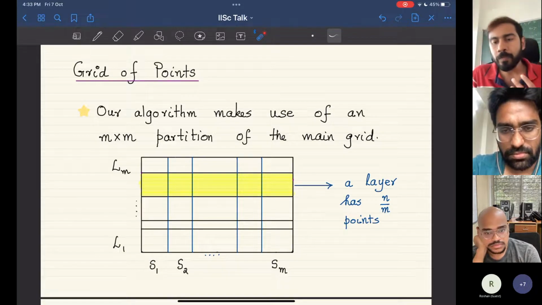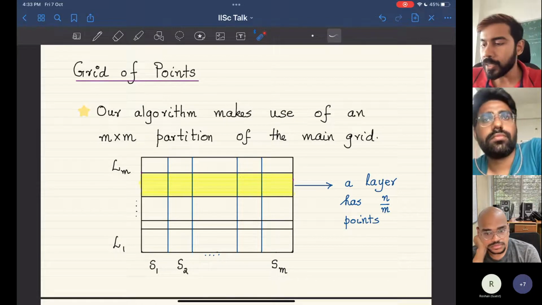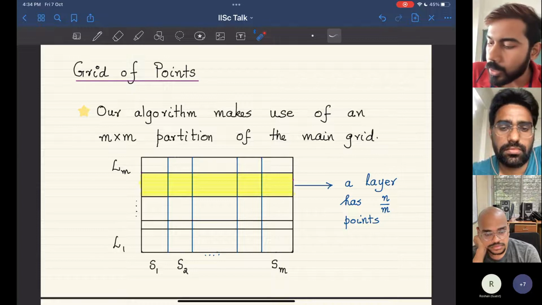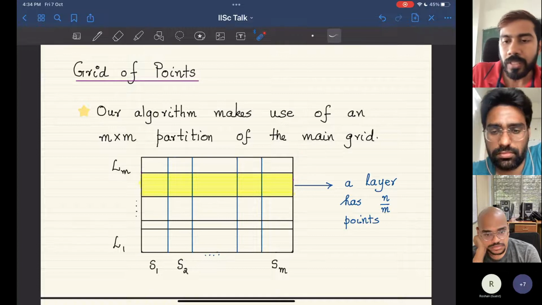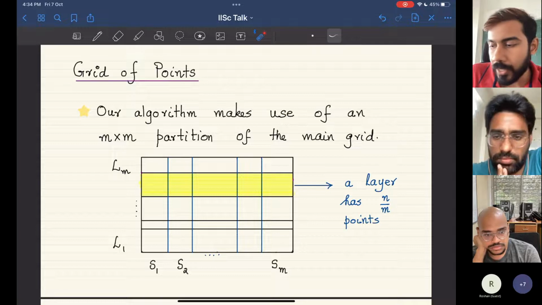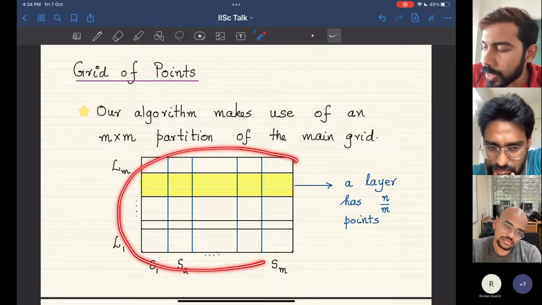So I will somehow, by sampling, make sure that I have an idea of these vertical intervals that roughly equipartition the set of all points in the grid. The total number of points in the grid is n.